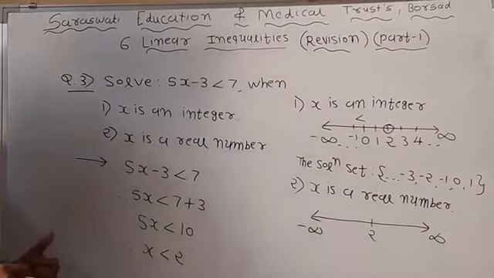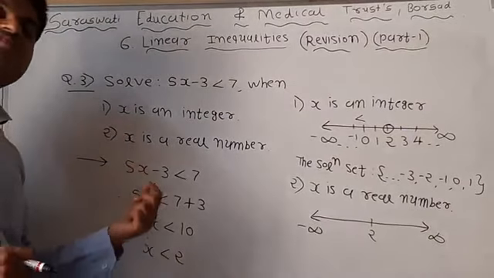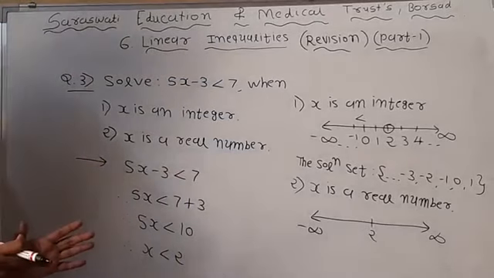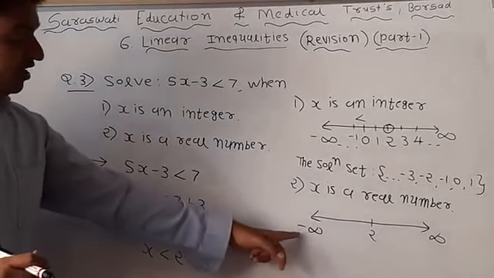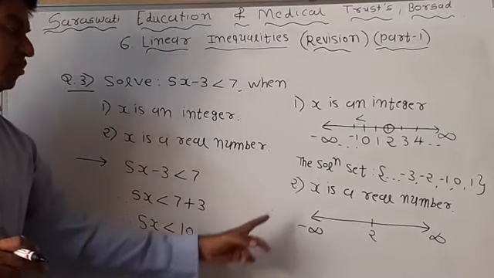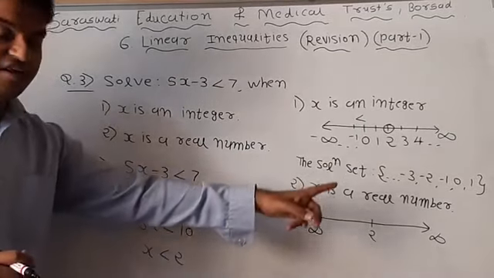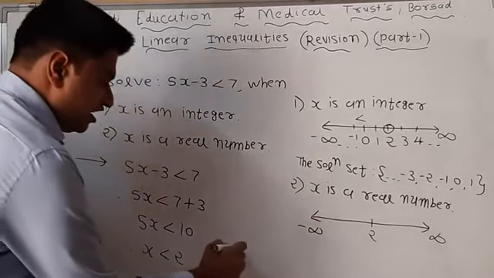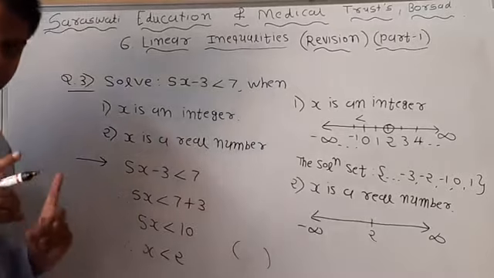In case of real numbers, the answer is represented in interval form, open interval or closed interval. Since minus infinity is present, always remember infinity is represented by open interval form, that means small bracket form.